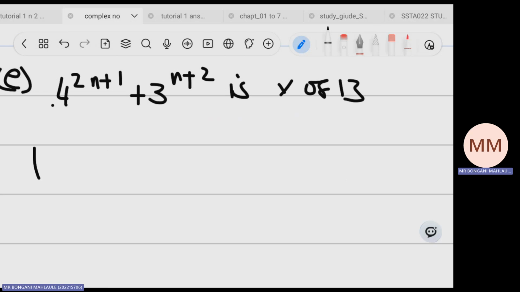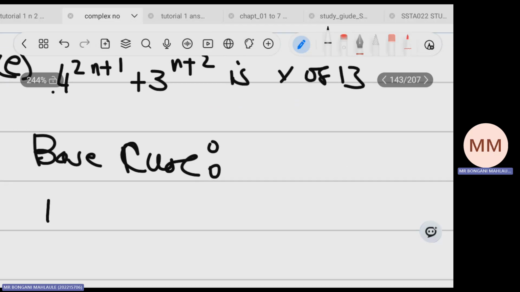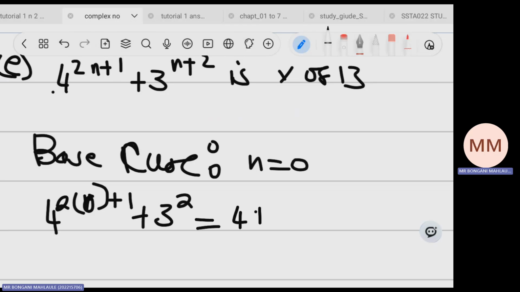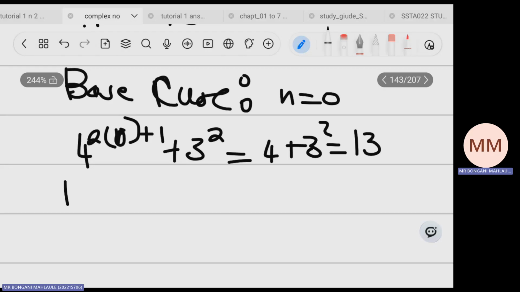So I'm going to say base case. When n is equal to 0, you will have 4 for n equal to 0. Then this will be 4 plus 3 to exponent 2. This will be 13. And therefore, the left-hand side is divisible by 13, right?